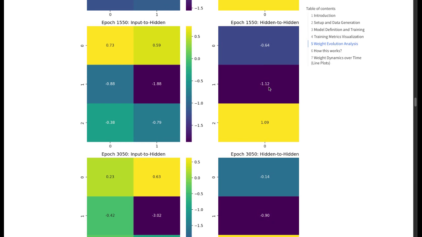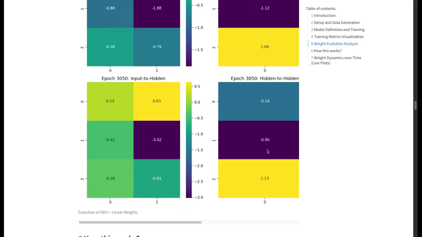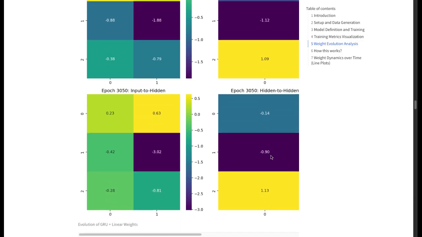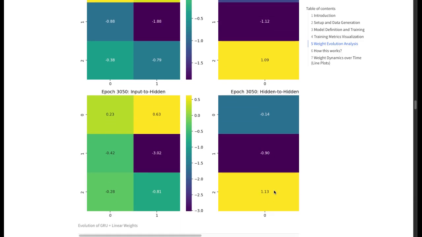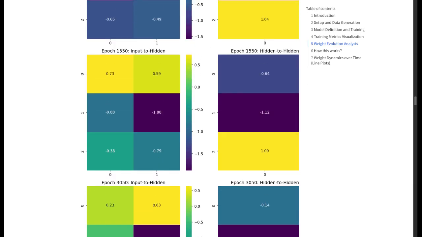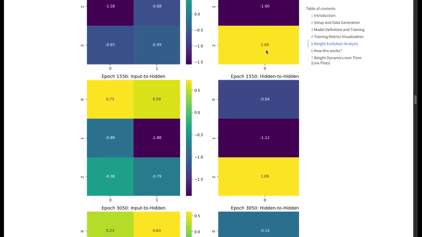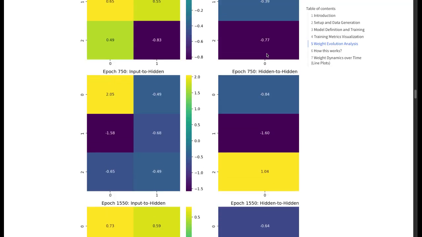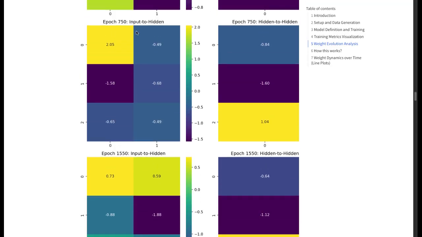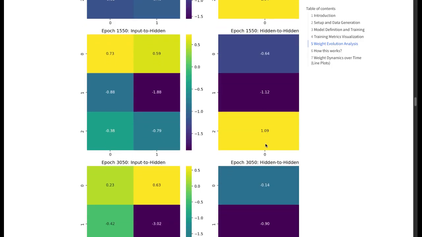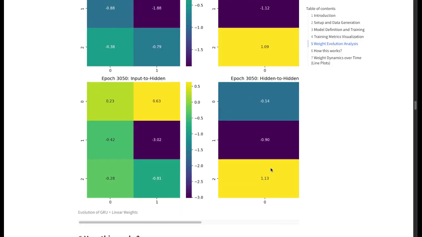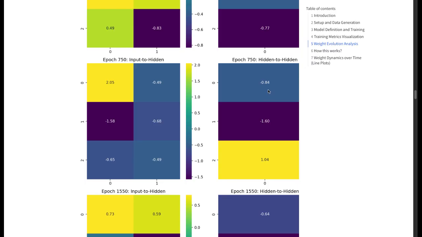It changes in magnitude, but they all change almost hand in hand. Not this one. You see here it changes by a magnitude of 0.03, 0.03, you see, 1.09, 1.13, so it almost doesn't change at all. From the start to epoch 750, it goes like 1.04, 1.09, and 1.13, so it doesn't change much.